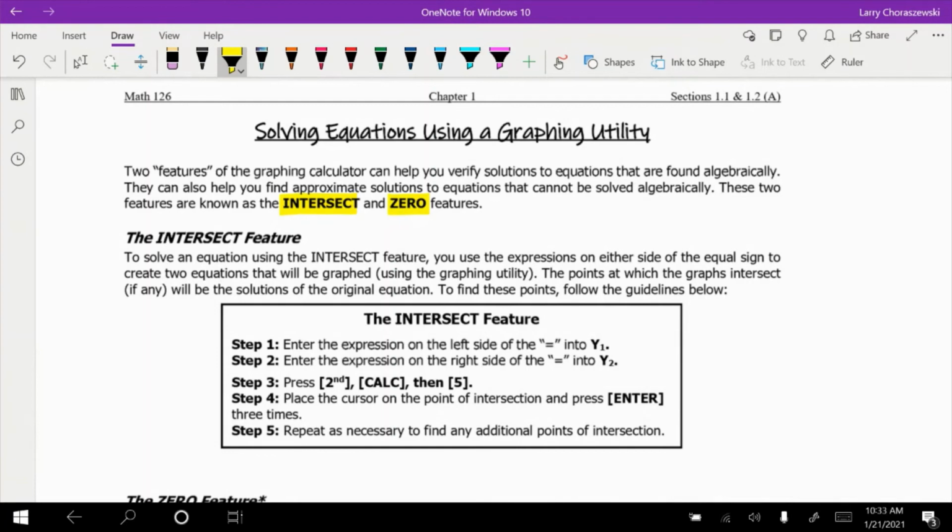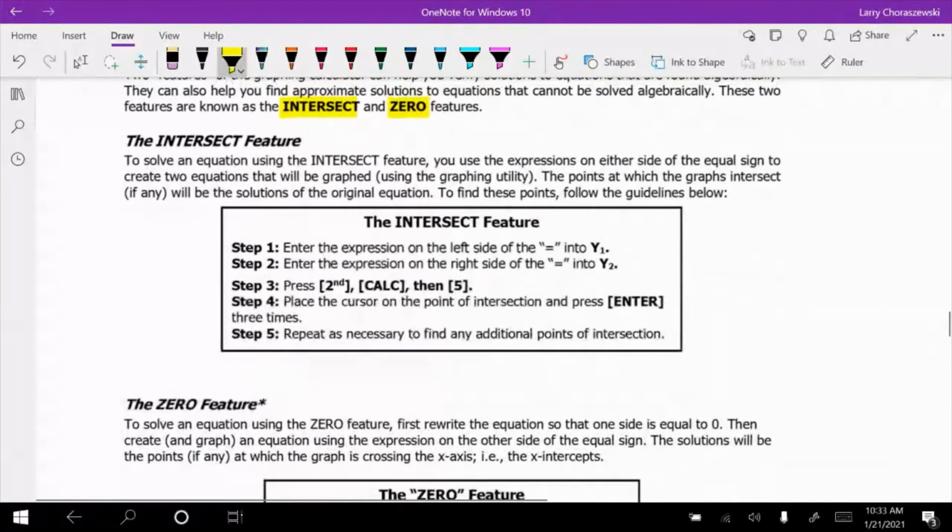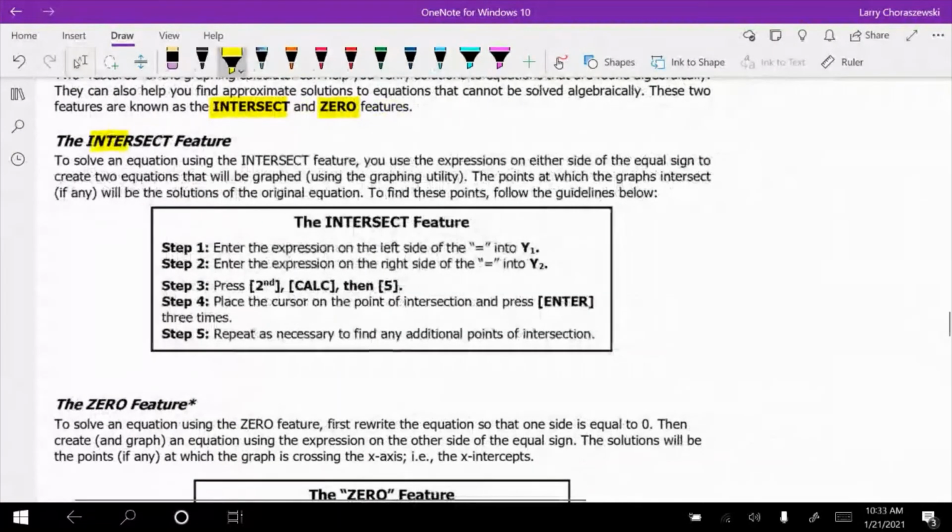And on this page, I have step-by-step instructions on how you would do each of these, just for your reference. But we'll obviously do it together live here today. All right. I do want to talk a little bit about some of the stuff that leads up to each of these tables. Let's start with the intersect feature.